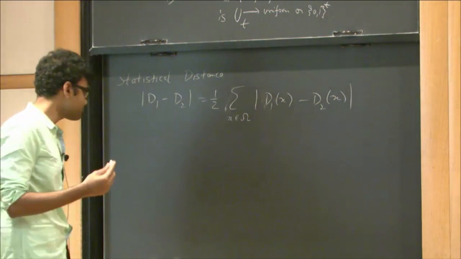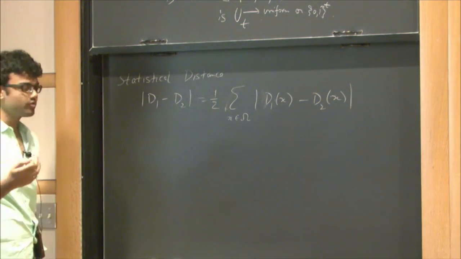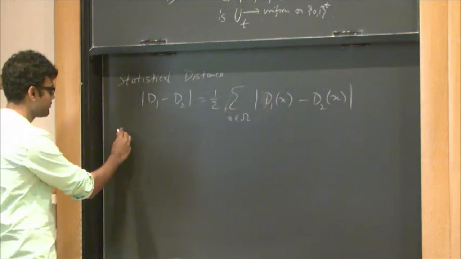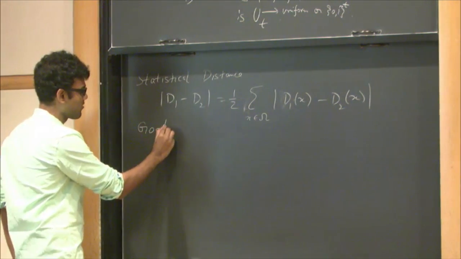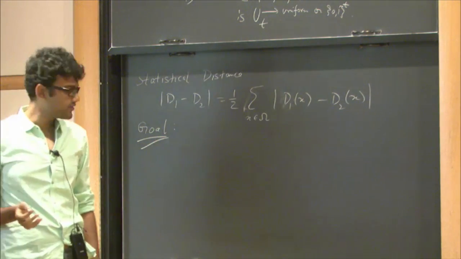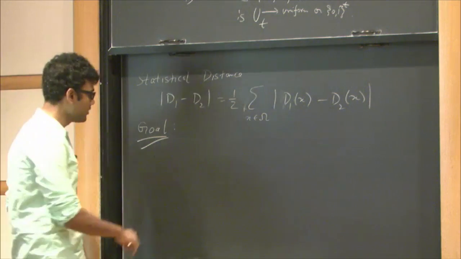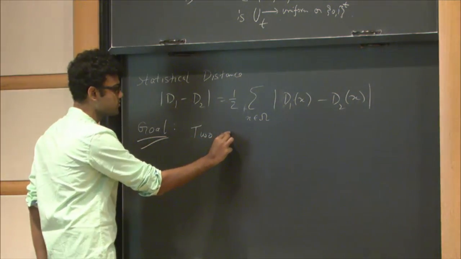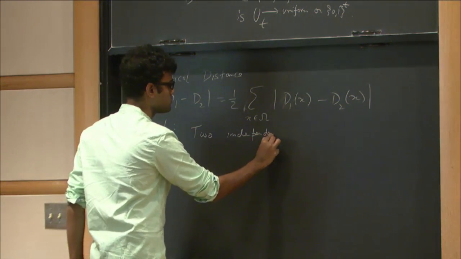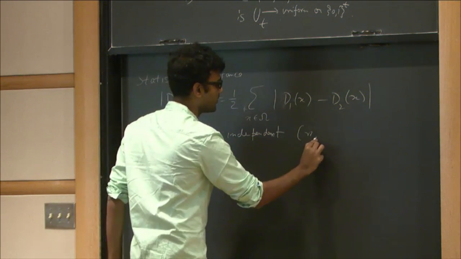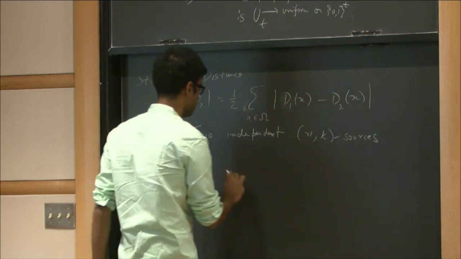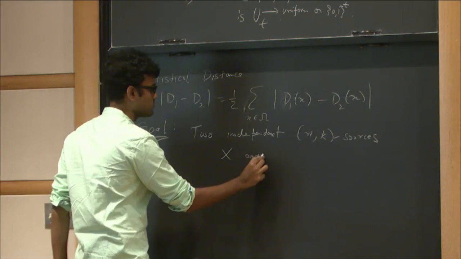Now let's look at what our goal is. Our goal is to design an explicit two-source extractor. So let's define what a two-source extractor is. You have two independent n comma k sources x and y.